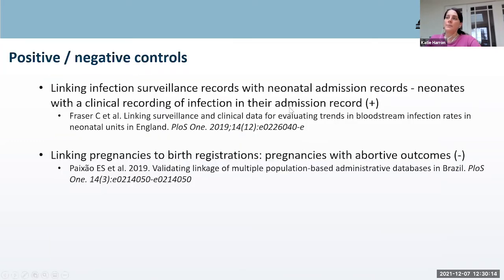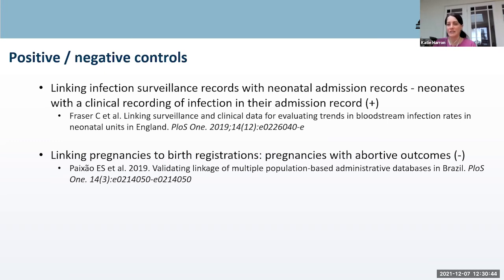So thinking about positive and negative controls, the first example here was where we linked infection surveillance records from Public Health England with neonatal admission records from the NNRD, the National Neonatal Research Database. So we didn't know before we started how many neonatal records should link to an infection record.